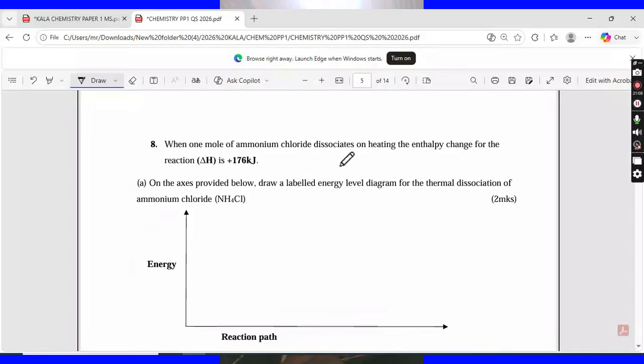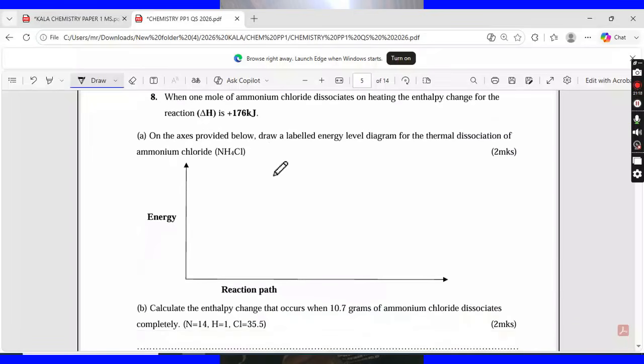When 1 mole of ammonium chloride dissociates on heating, the enthalpy change of reaction is endothermic, as you can see here, positive 176 kilojoules. On the axis here, draw a labeled energy level diagram for the thermal dissociation of ammonium chloride.